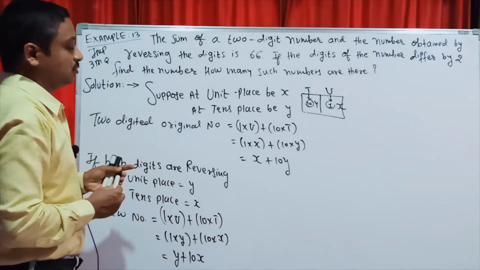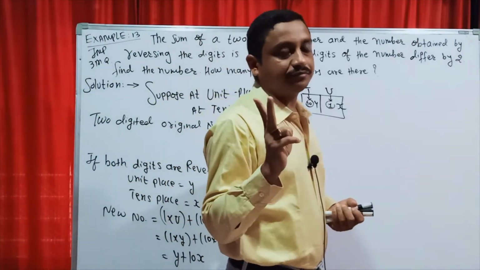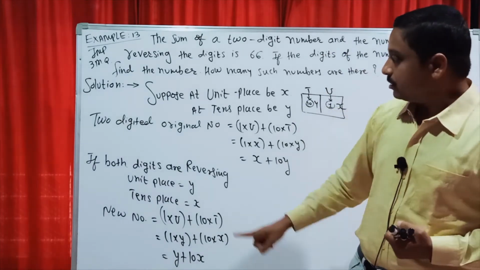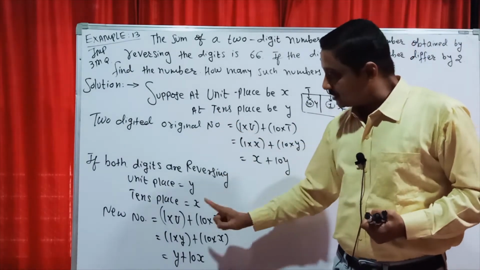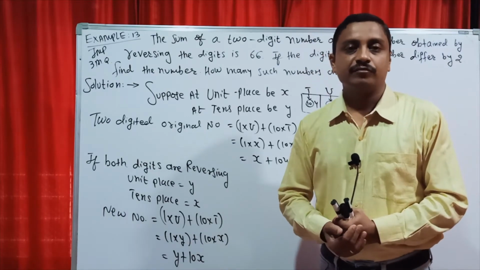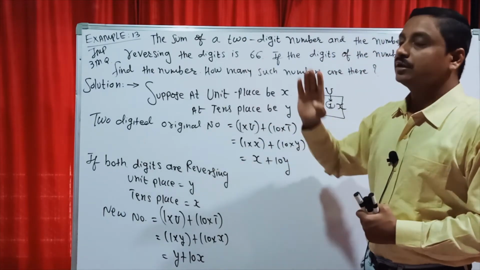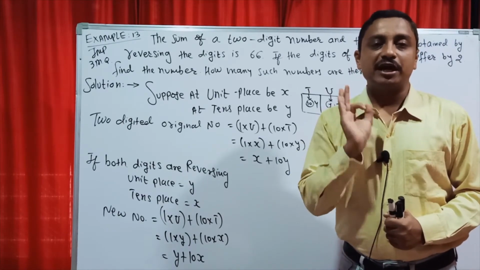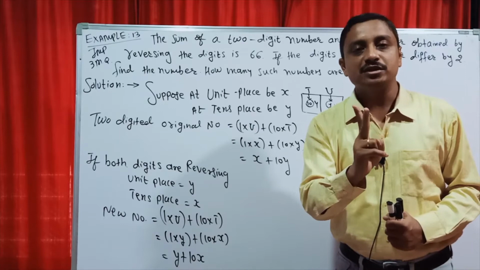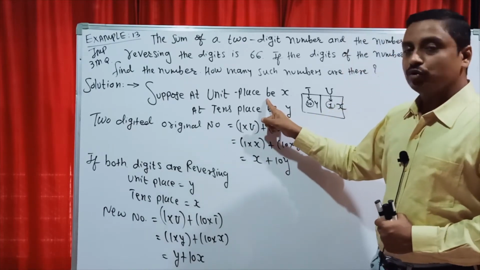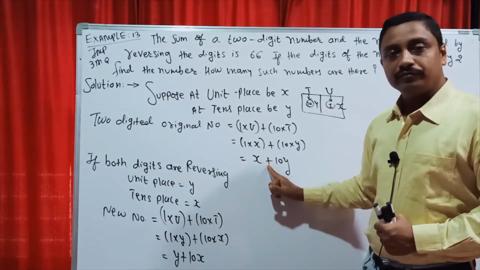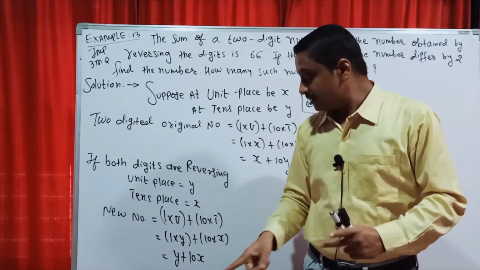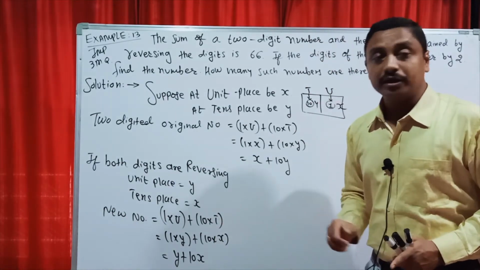Students, whenever you get a sum regarding a two-digit number, you must first write down these 3 steps and these 4 steps. Before starting your sum, you must focus on unit place, 10 place and original number, and after the digits are interchanged, I mean reversed, apply them to the new number.